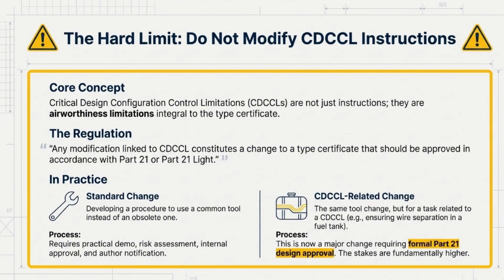And that important note about CDCCL, critical design configuration control limitations, is absolutely vital. These aren't just regular instructions, they're airworthiness limitations baked into the design certification. Messing with instructions tied to a CDCCL, that's considered a major change, like altering the aircraft's type certificate. So it needs that higher level Part 21 or Part 21 Light approval. It underlines how critical these specific instructions are. You don't touch them lightly.